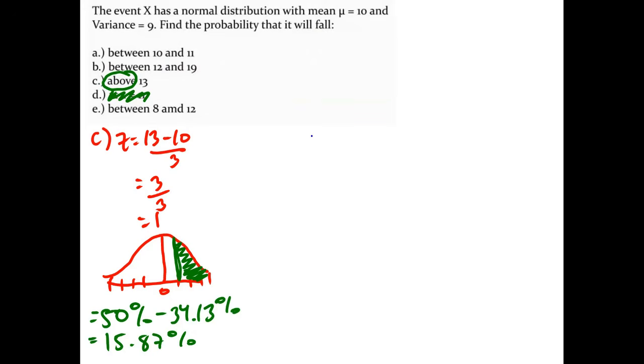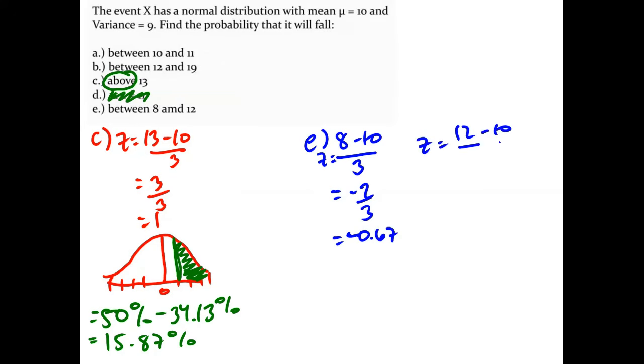And last example, E, I should say, we have 8 minus 10 over 3. Z is equal to 8 minus 10 over 3 is equal to negative 2 over 3, which is negative 0.67. Now, sa 12 naman, 12 minus 10 over 3, which is 2 over 3, which is 0.67.